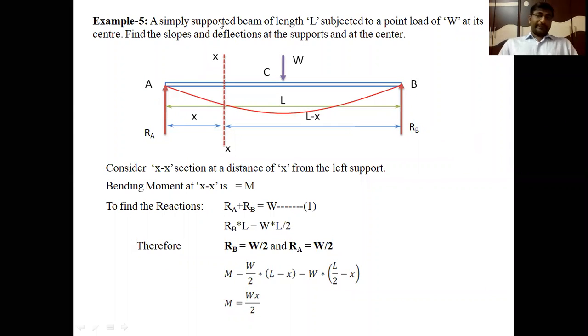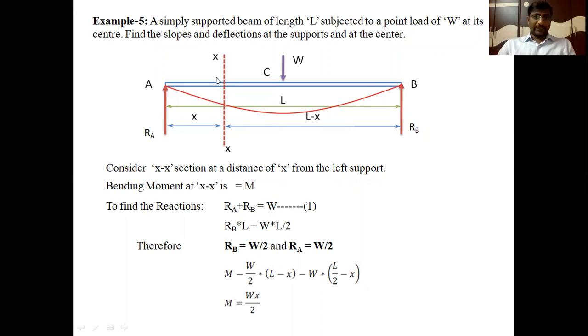So let us read the problem first. Example 5. A simply supported beam of length L is subjected to a point load of W, capital W, at its center. Find the slope and deflections at the supports and at the center.